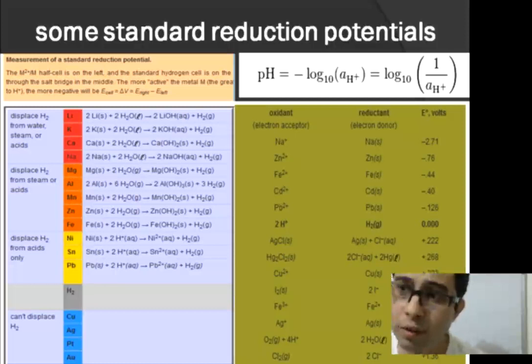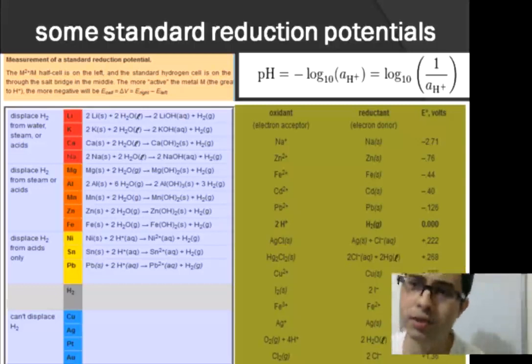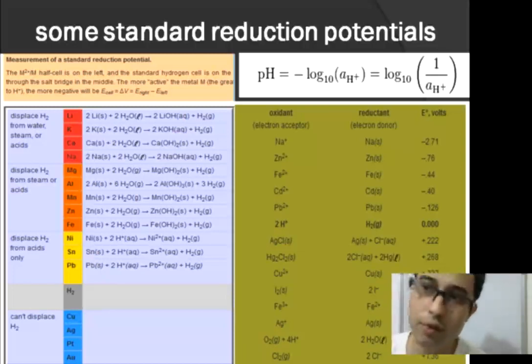It's comparatively easier to reduce zinc with respect to sodium. So in this series, if you take any two elements and combine them, they will form an electrochemical cell, right? Based on their reduction potentials, one of them will be oxidized and another one will be reduced.